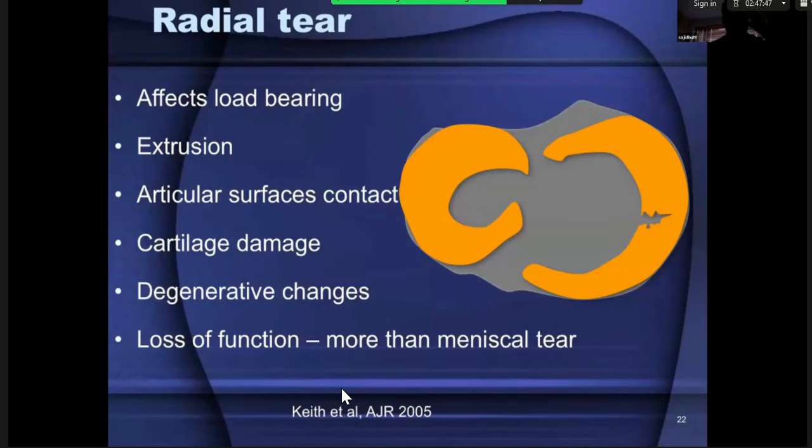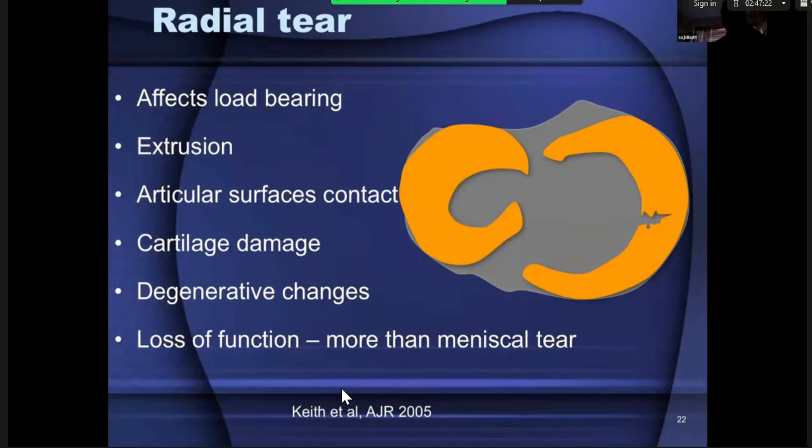A radial tear, I'm sure you've heard this term. This is important because these tears are small, but they can be really symptomatic. The reason is that it affects the load-bearing capacity of the knee. The tear is present at the pincer point of the weight-bearing surfaces, and therefore these patients can be quite painful and symptomatic.